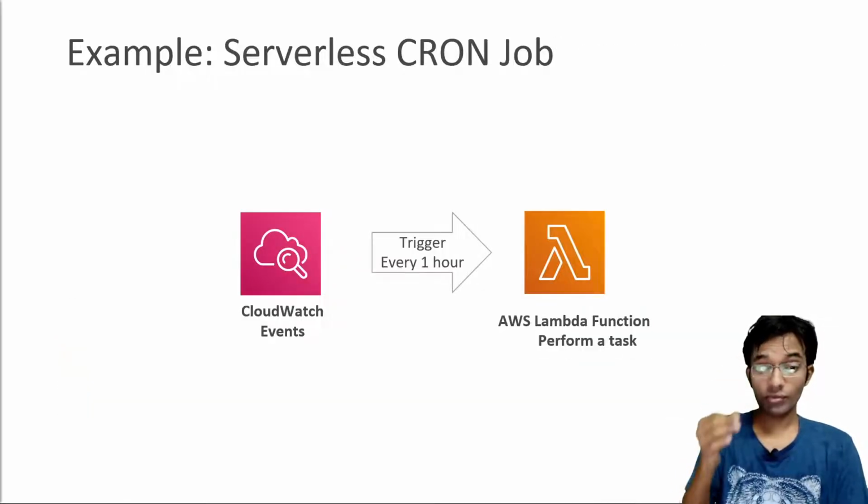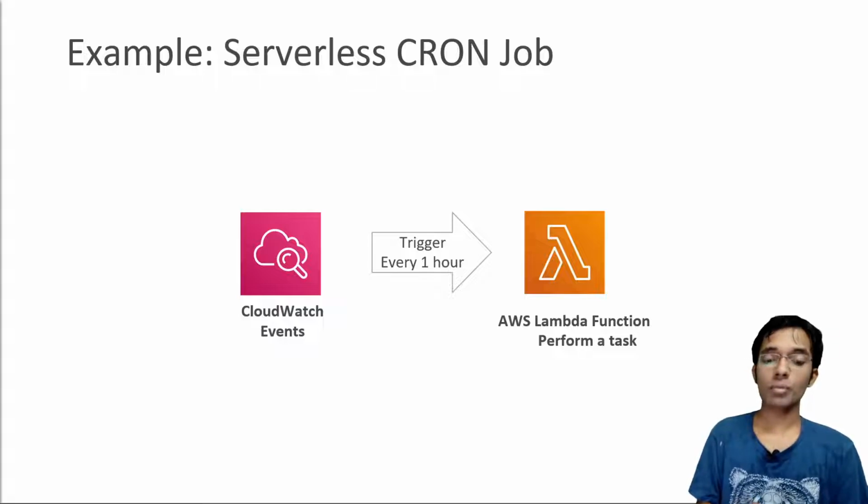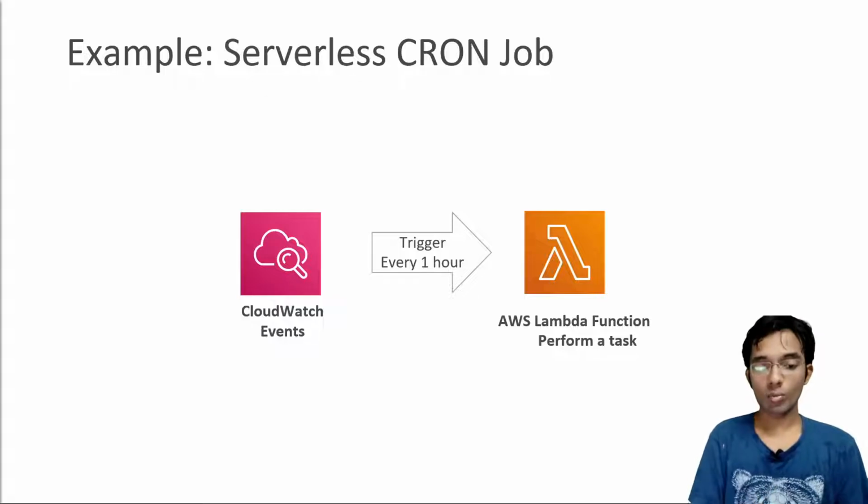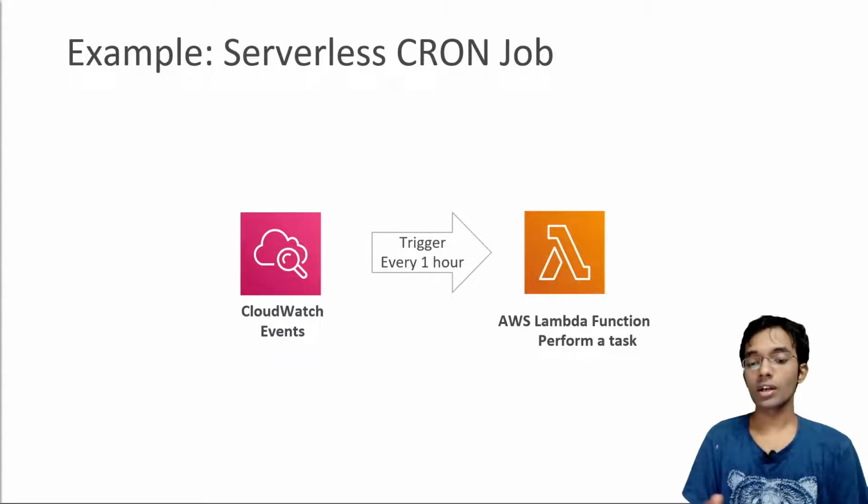Another very common use for Lambda is serverless cron jobs. Instead of having a cron server on an EC2 machine, which may cost you a lot of money because the EC2 machine doesn't do much most of the time, you can define a CloudWatch Event that is triggered every X number of hours, for example every 1 hour, and triggers an AWS Lambda function that will perform a quick task of up to 15 minutes.